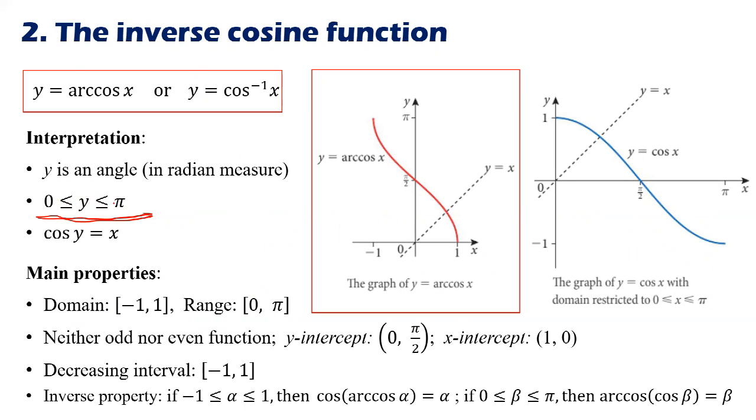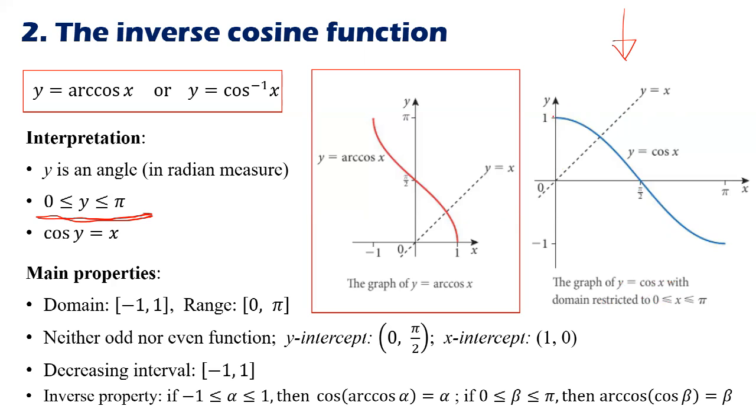Okay, because in this interval, the cosine function is decreasing, right? As you can see here in the graph shown on the right, this is a graph of y equals cosine x with domain restricted to 0 to pi, right?